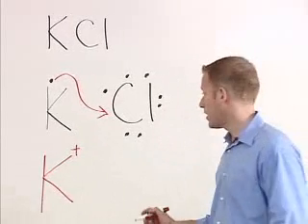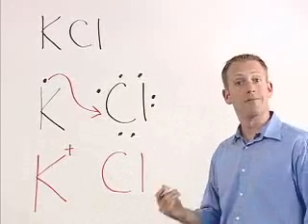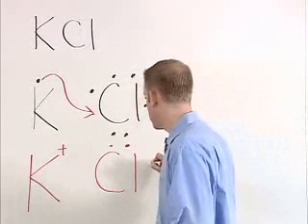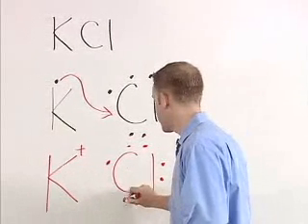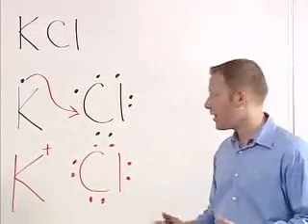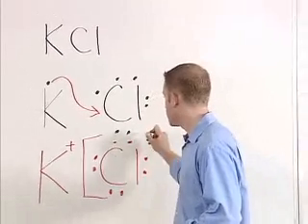Chlorine gained 1 electron. So does chlorine also have 0 valence electrons? No, it has 8, because it gained 1. 1, 2, 3, 4, 5, 6, 7, 8. Chlorine now has a charge as well. And when you have valence electrons, you have to draw brackets around them to show.